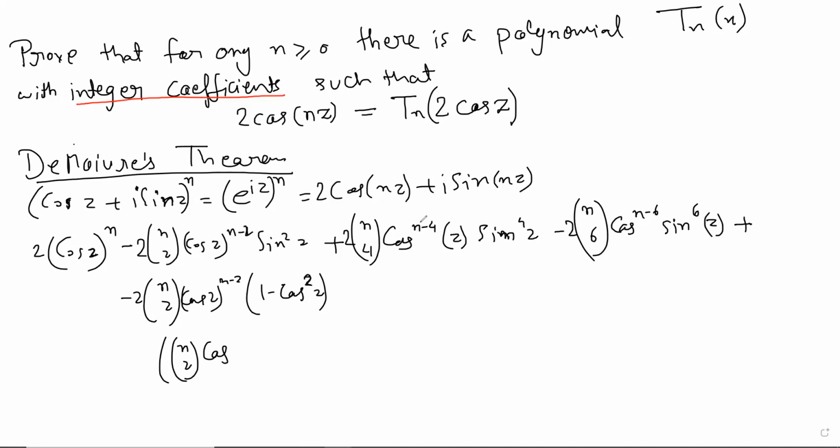You want to show that when you get rid of all the signs and write everything in terms of 2 cos, it should be a polynomial with integer coefficients. It's not clear. This seems to have integer coefficients, but when you write everything only in terms of 2 cos z, then it may not. A priori, we need to show that it will, right? That is the problem.